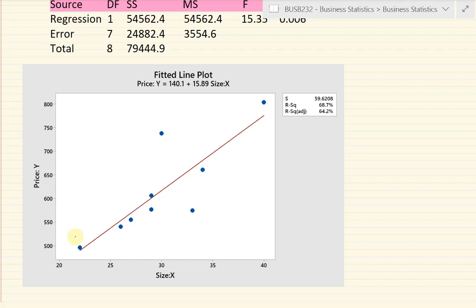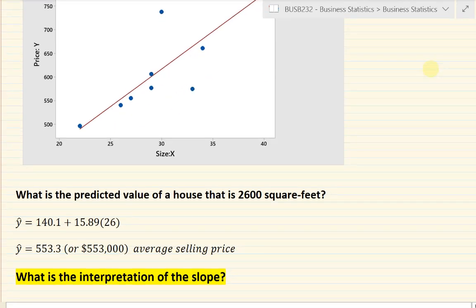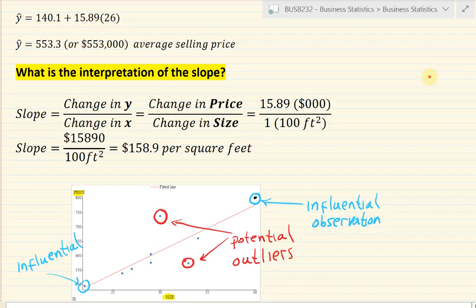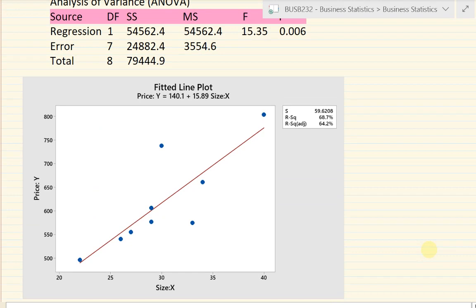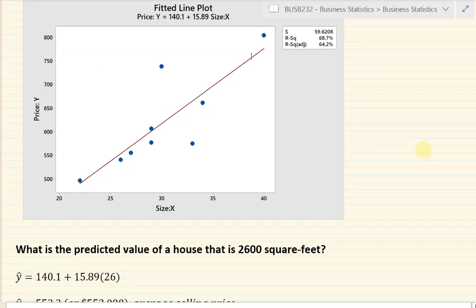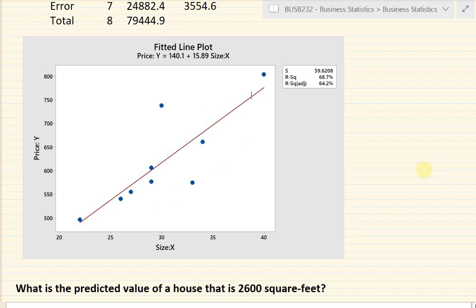Now, let's take a look at our influential points and outliers in this case. I believe that's coming up, but let me hold off on that one. Let's say I want to predict the price of a house that is 2,600 square feet. Now remember, our values of x were 2-digit, not 4-digit.